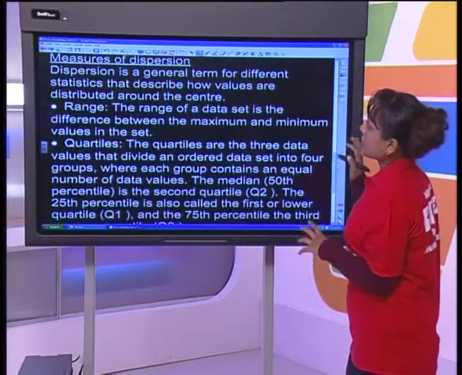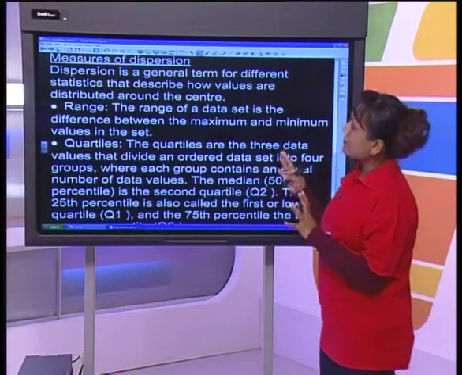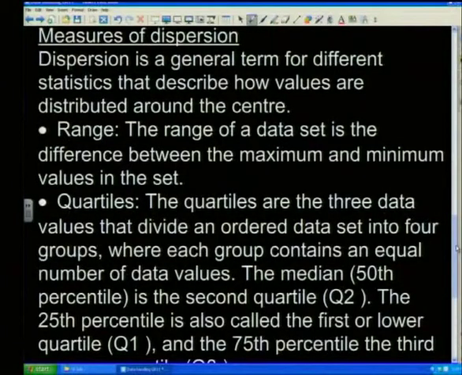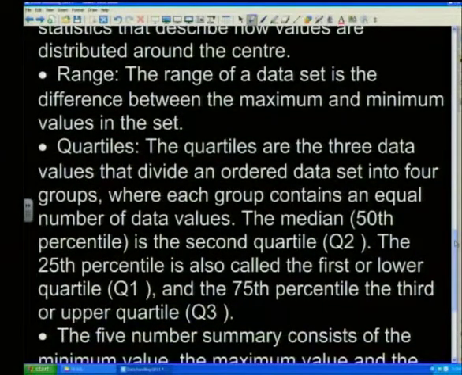Dispersion is really a general term for different statistics that describe how the values are distributed around the center of the data. There are different things that we use to measure dispersion, one of those being the range, which is a term you would be familiar with by now. The range is the difference between the maximum value and the minimum value in a set.